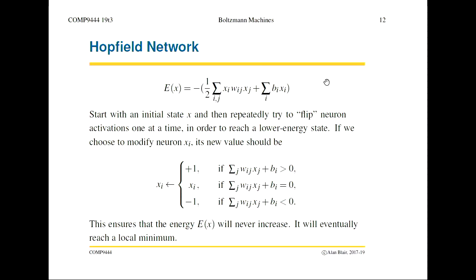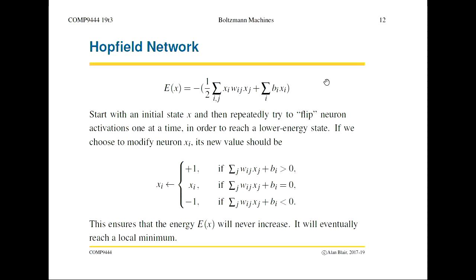The factor that xi is multiplied by is this: sum over j of wij xj plus bi, right? So you figure out that value.